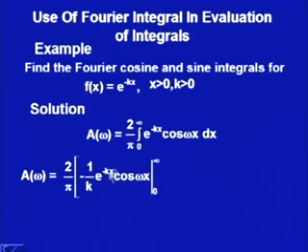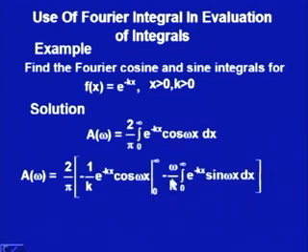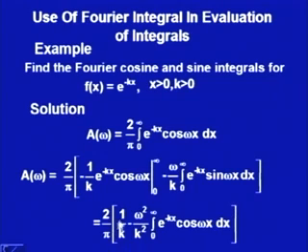This is integration by parts, where we take this function as the integrating function and this as the differentiation function. Simplifying, it is 2/π [1/k − (ω²/k²) ∫ from 0 to ∞ of e^(−kx) cos ωx dx].